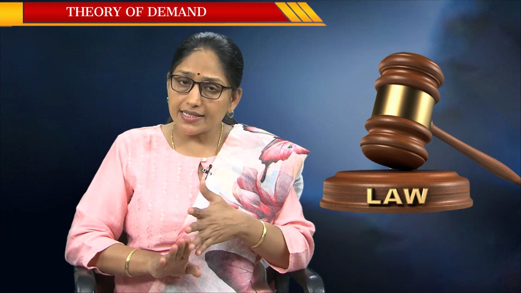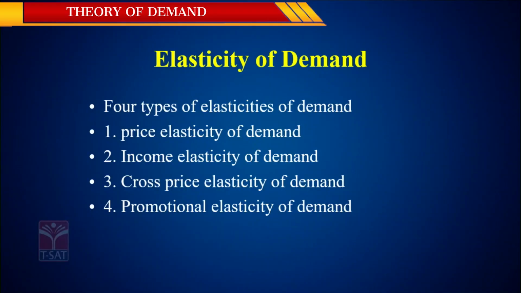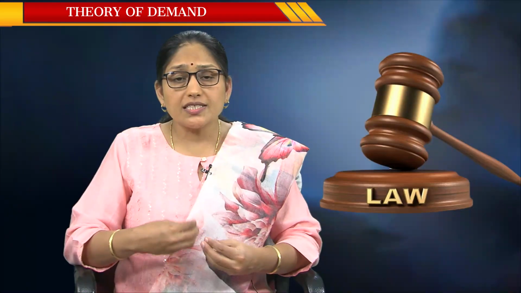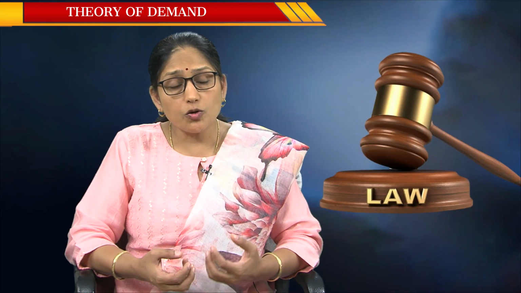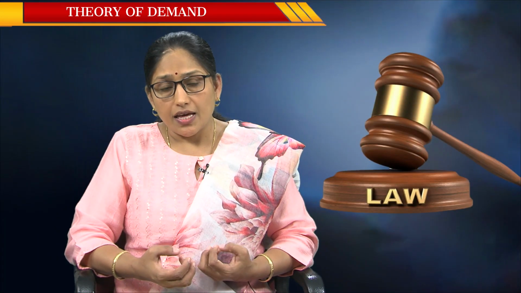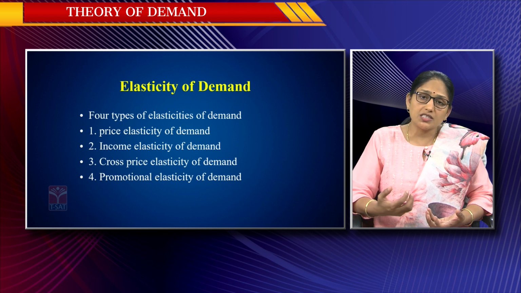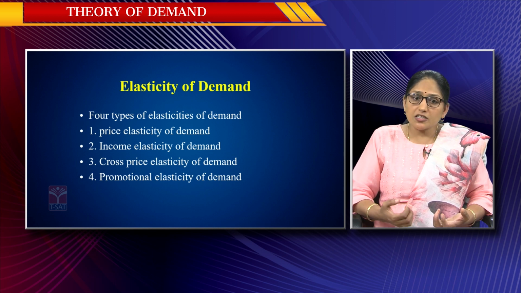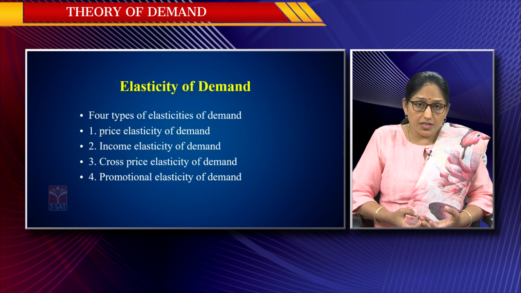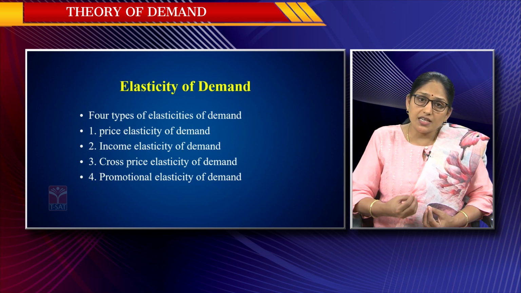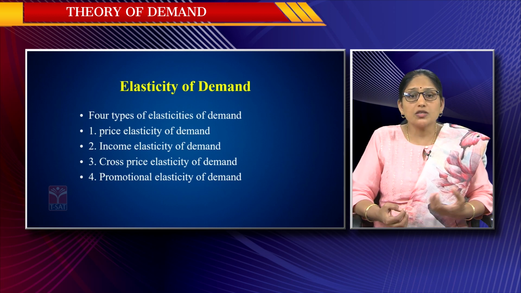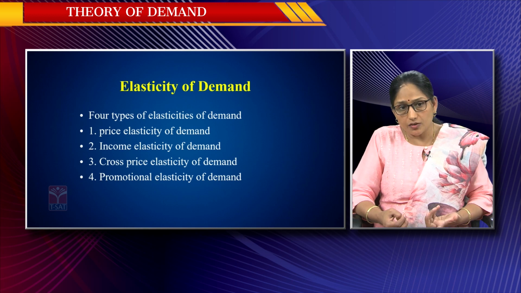Now, there are 4 types of elasticity of demand. Price elasticity of demand, which says the proportionate change in quantity demanded due to the change in prices. Income elasticity of demand refers to the change in quantity demanded due to the change in income. Cross price elasticity of demand measures the proportionate change in the quantity demanded due to the change in the prices of related goods.